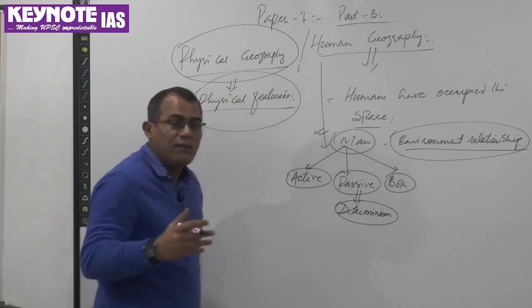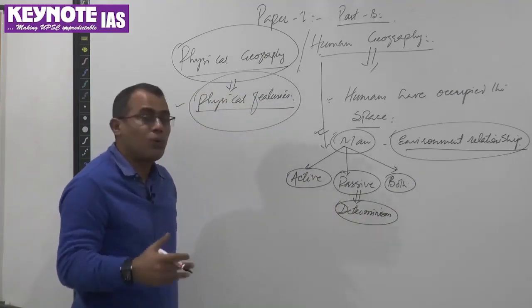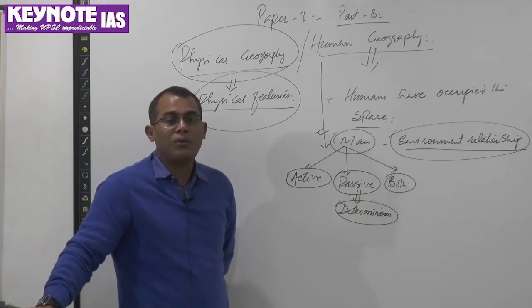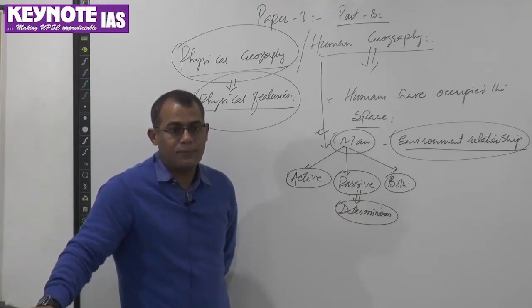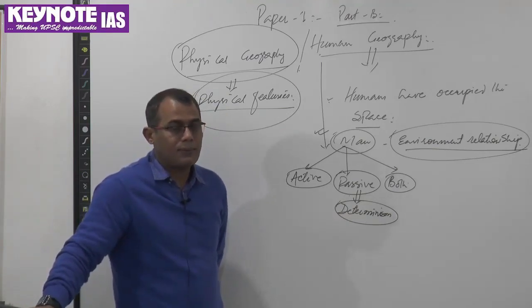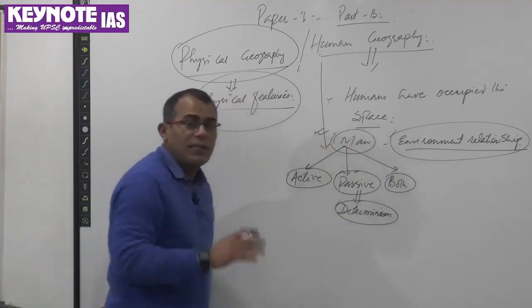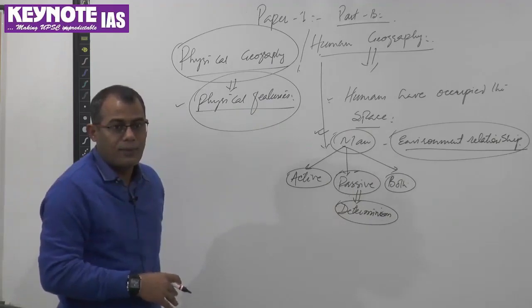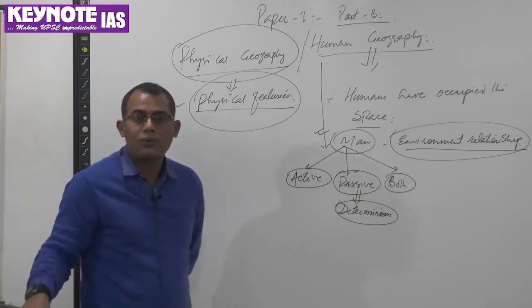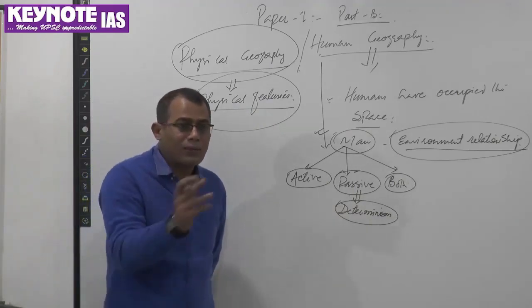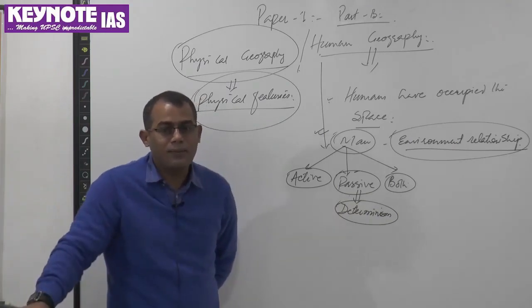That means environmental aspects control human behavior or human activities. That is passive. Man is not that active. Whether it is true, false, or partly true, partly false can be debated.